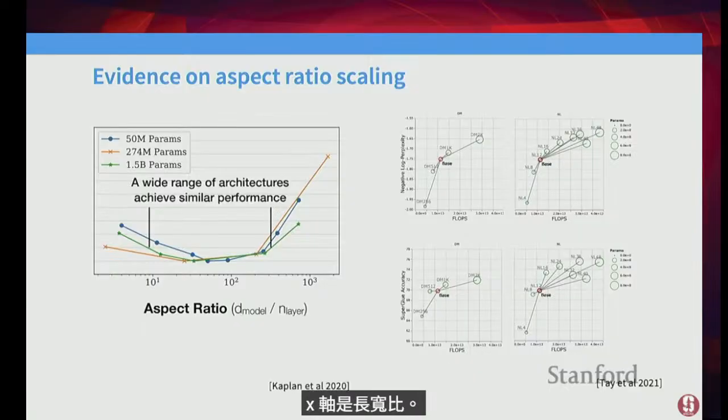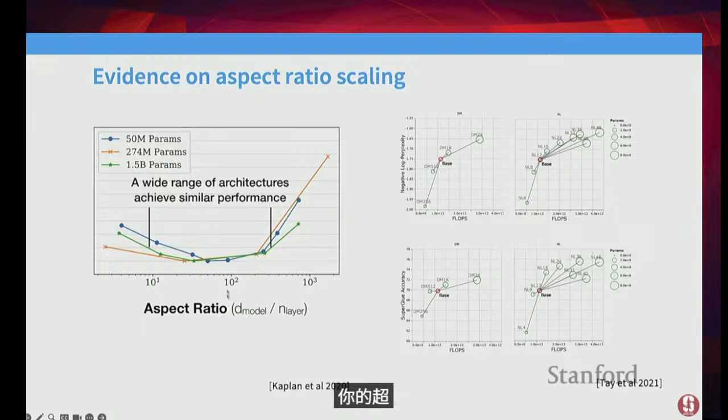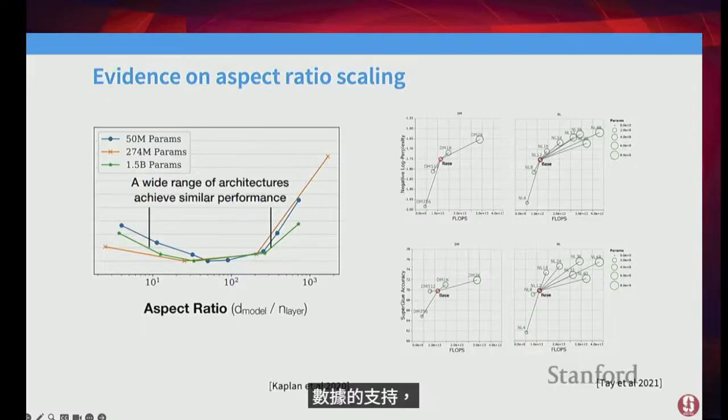The x-axis is aspect ratio, the y-axis is loss difference in percentage change. And you see that around 100, which, once again, I told you was around the consensus choice of hyperparameters, is the minimum across different scales. So this is backed by some of this large-scale hyperparameter data that's been published by Kaplan et al. And it roughly matches that intuition.